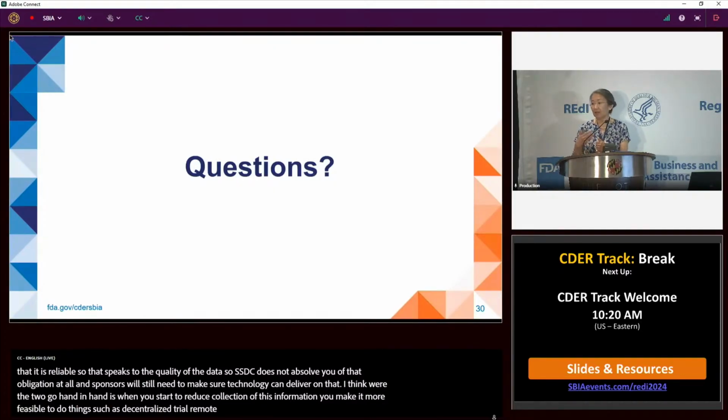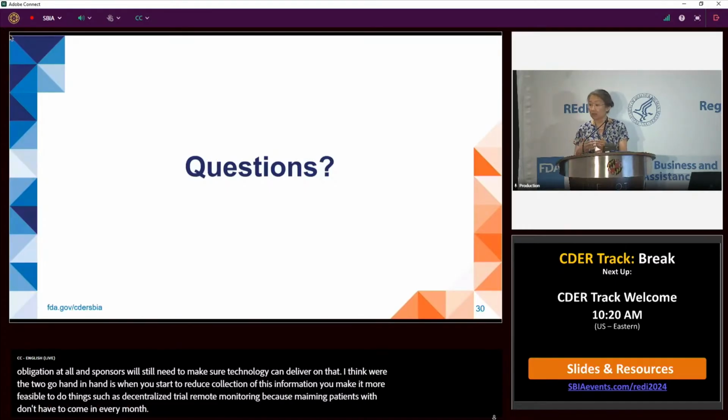They can come in on a 6-month basis. And if the fewer events that are still considered necessary to ensure adequate assessment of benefit and risk can be collected in a remote setting, it does go hand in hand.